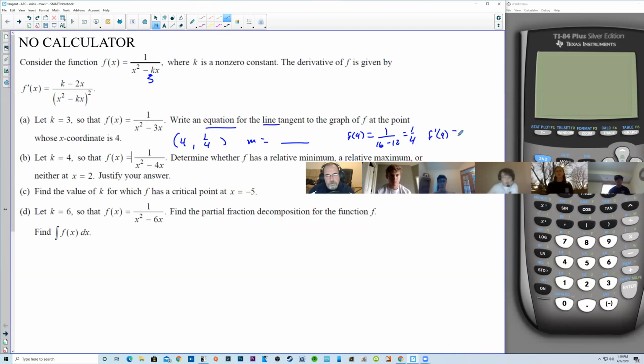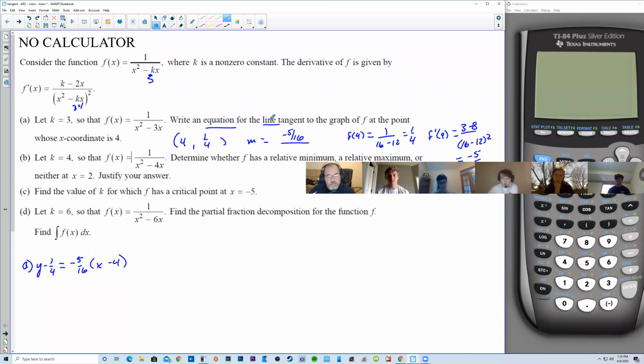So f prime of 4. k is 3, so 3 minus 8, because we plugged 4 in for x, over 16 minus 3 times 16 minus 12 down here. So that's -5 over 4 squared, 16. -5/16 is what I'm getting. So on letter A, we got y minus 1/4 equals -5/16 times x minus 4.